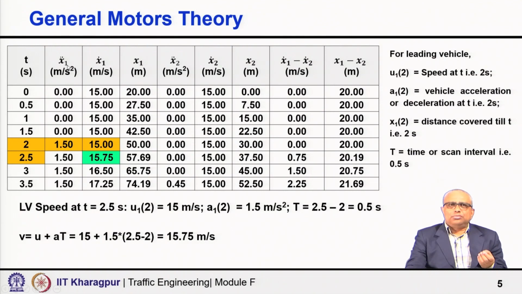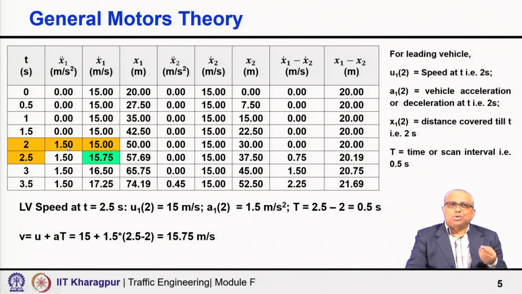X double dot 1 is the leading vehicle acceleration. We know at time t equal to 0 it is 0 for the first 4 intervals: 0.5, 1, 1.5. At 2 seconds it starts accelerating. So, at 2 seconds the value will be 1.5 for the next 2 seconds.